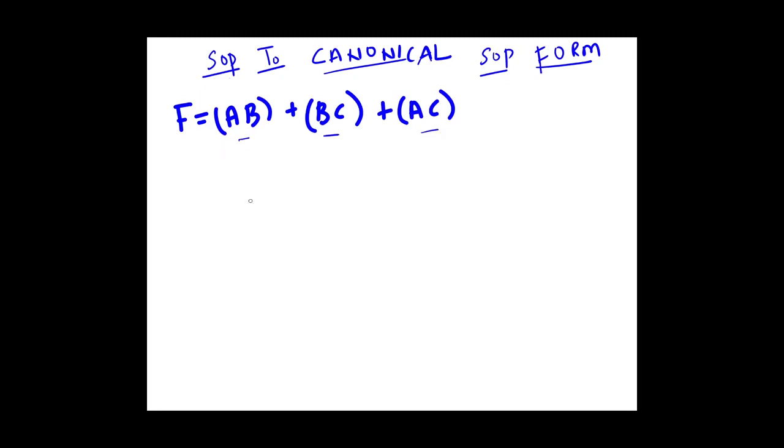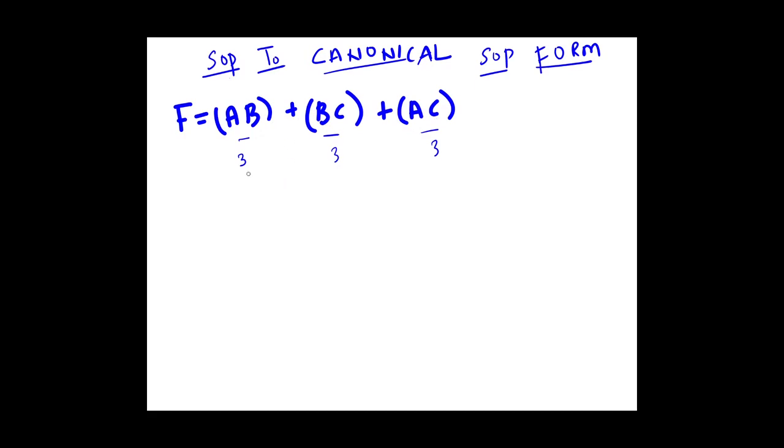If the expression has 3 variables, then we should have all 3 variables in each minterm. But in this SOP expression, I have C missing over here. Then here there is no A. Here I don't have B. So there are some literals missing in these terms.